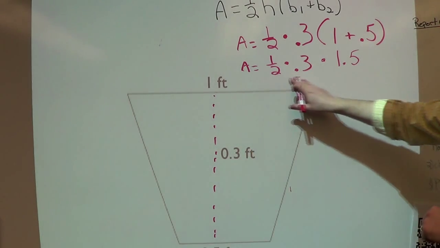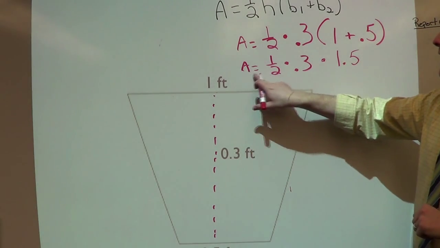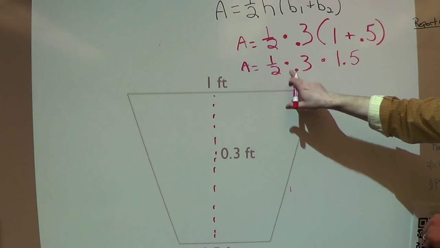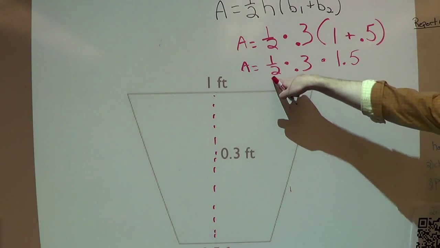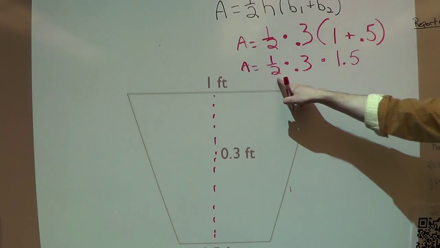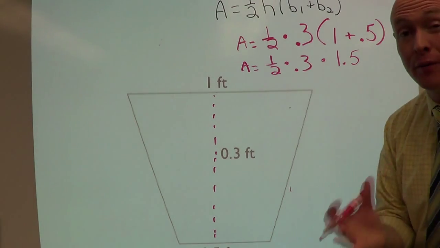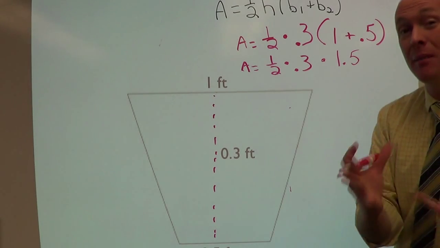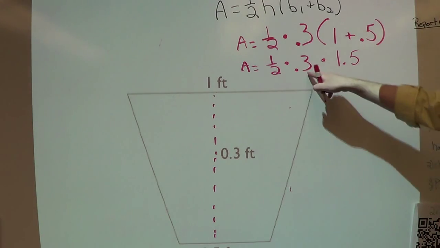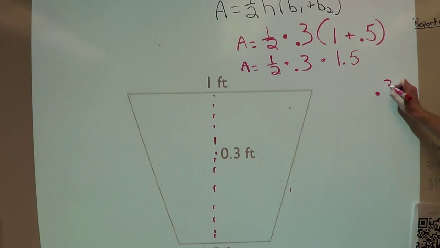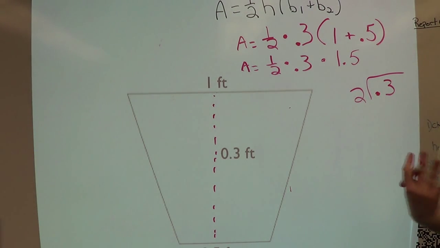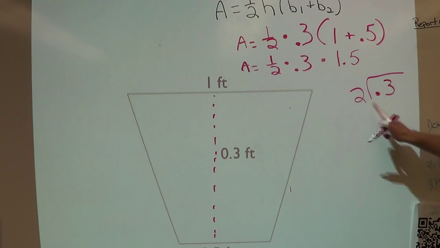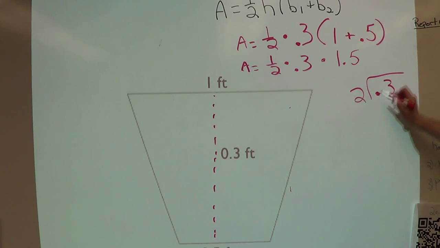Here we go. Now let's do it in order from left to right. A equals 1/2 times 0.3. Let's start with that. Because I know that 1/2 of something is really just divided by 2, I'm going to put my 0.3 and divide it by 2, because that's what 1/2 of something is. So let's do it. 2 into 0.3, first thing I bring up the dot.